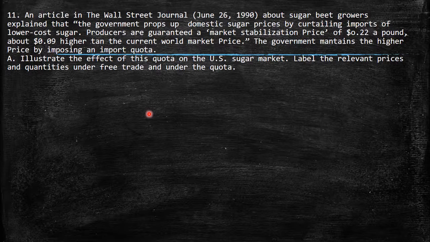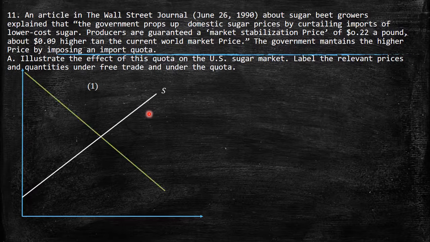The government maintains the higher price by imposing an import quota. So A illustrates the effect of this quota on the U.S. sugar market, labeling the relevant prices and quantities under free trade and under the quota.